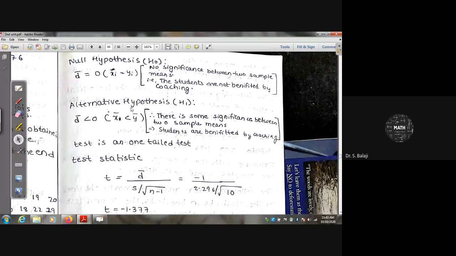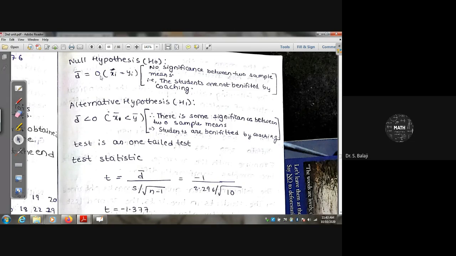Then move on to the null and alternative hypotheses. Null hypothesis: there is no significant difference between the two sample means. The sample means are compared with the help of D bar. When can you say that the two sample means x bar and y bar are the same? When their deviations are equal to 0.